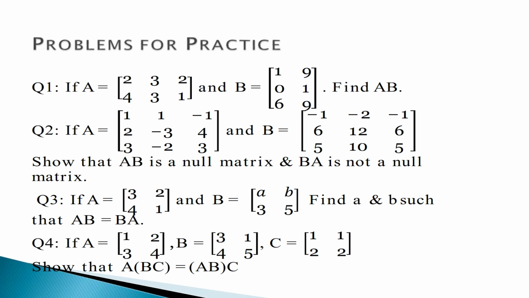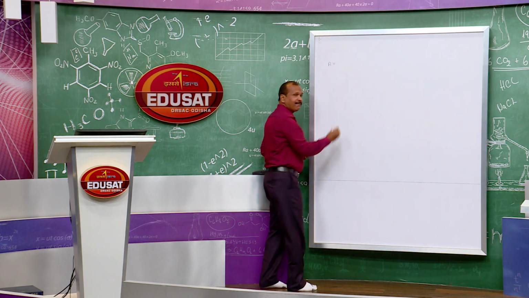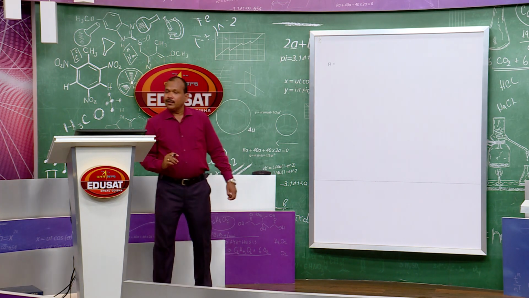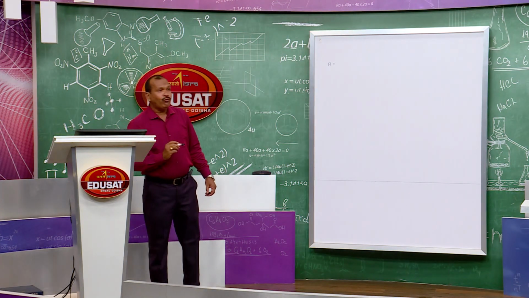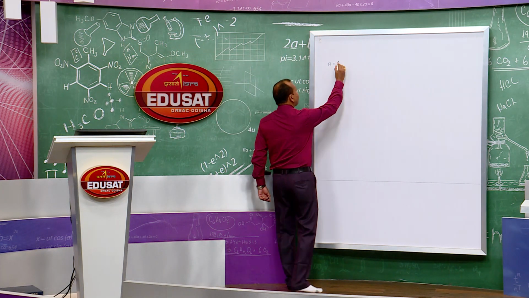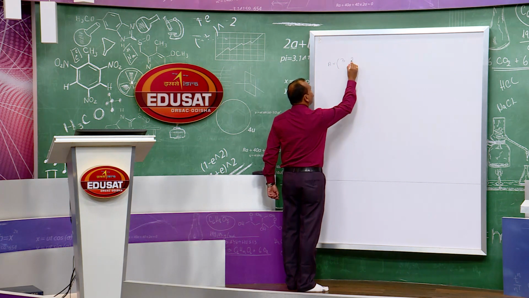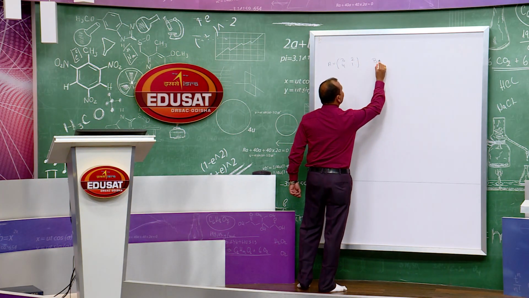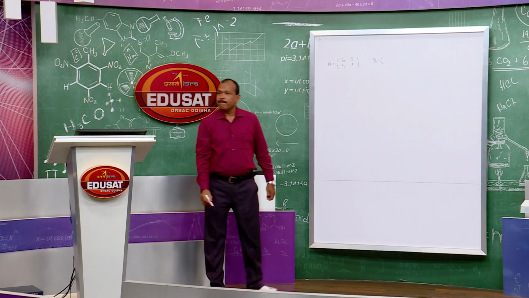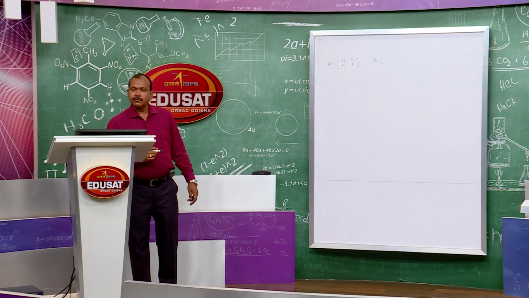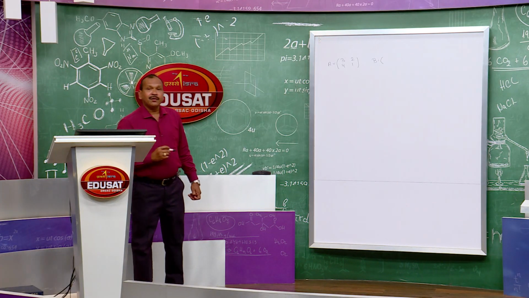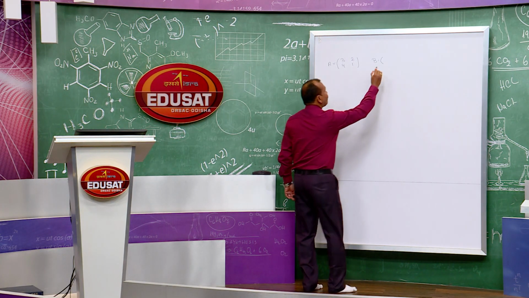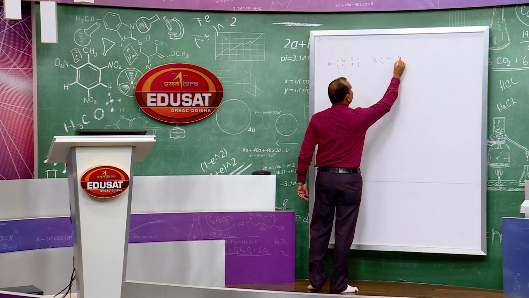Here A is a matrix 3 2 4 1, and B is a matrix a b 3 5.